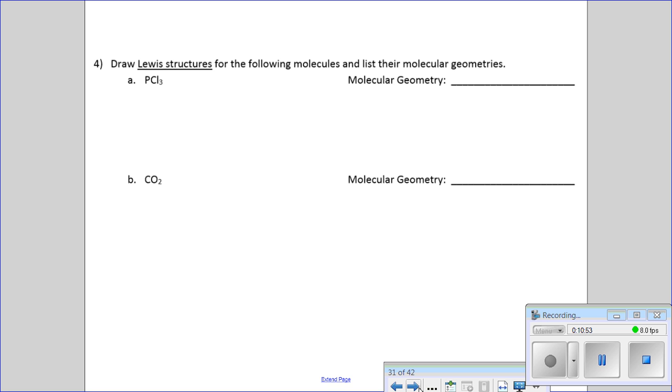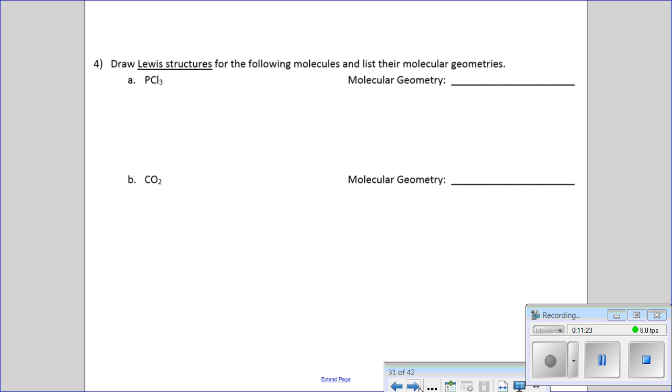Second, single bond all of your atoms and then satisfy the octet except for hydrogen and boron. Hydrogen will make one single bond only, with no lone pairs of valence electrons. Boron will make 3 single bonds only, with no lone pairs of electrons.